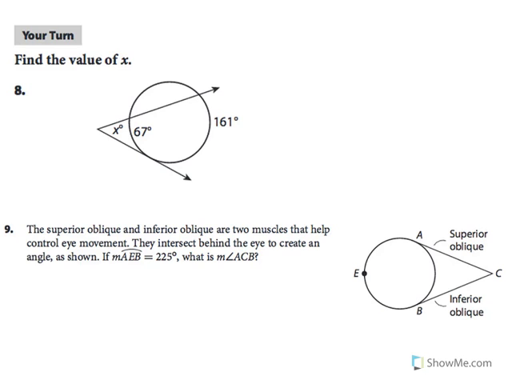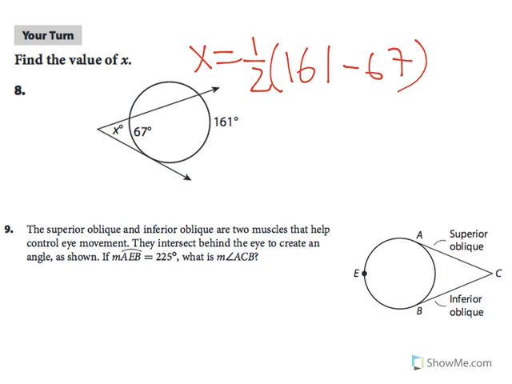Okay, now solve for x. To set this up, x equals 1/2 of 161 minus 67. So x is 47 degrees.